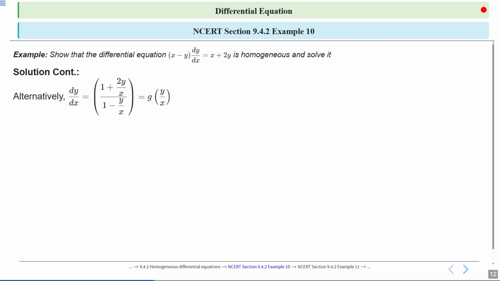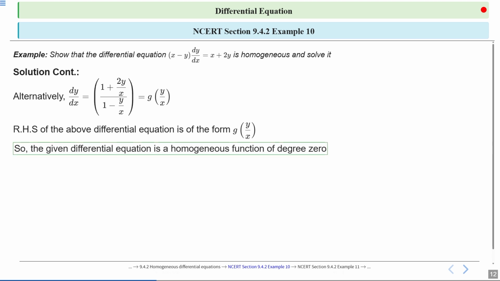So we can also check by this alternative whether the given differential equation is homogeneous or not. Because it is of the form dy by dx is equal to g(y by x), this given differential equation is a homogeneous differential equation of degree 0. Therefore, the equation dy by dx is equal to (x plus 2y) by (x minus y) is a homogeneous differential equation.